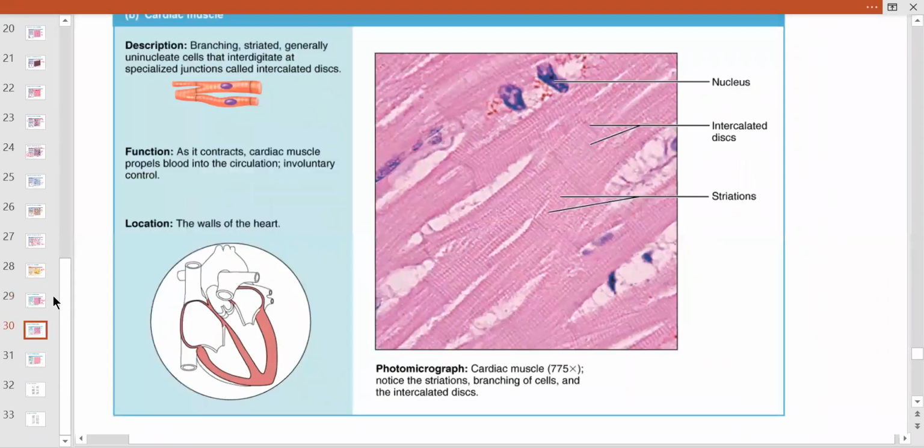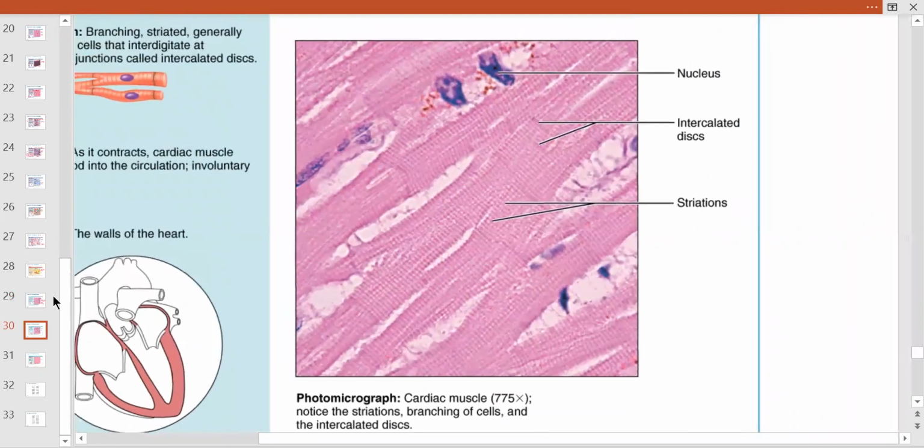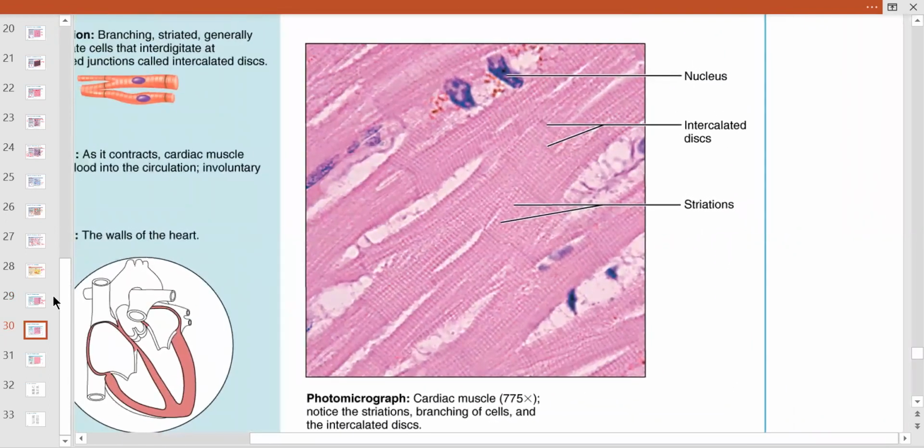This, my friends, is cardiac muscle. Now, first of all, of course, this is involuntary. By the way, you have to know the function of skeletal muscle, which is to move bones, move joints, movement, generate heat. So now this is just about the heart contracting.